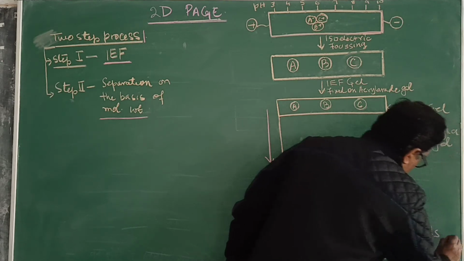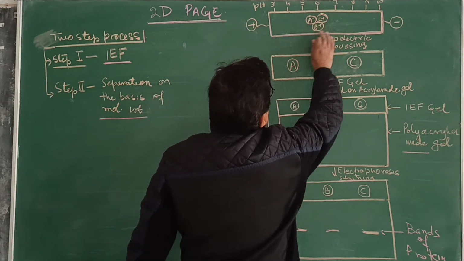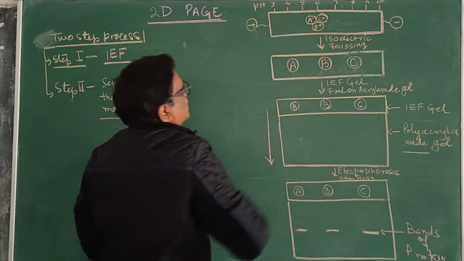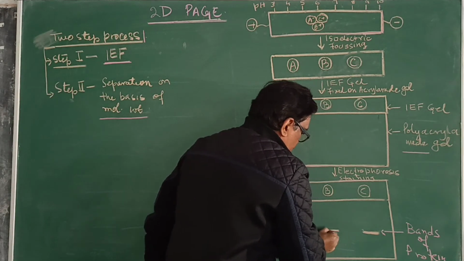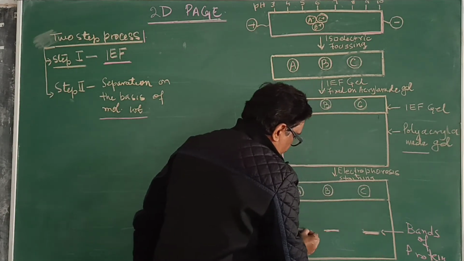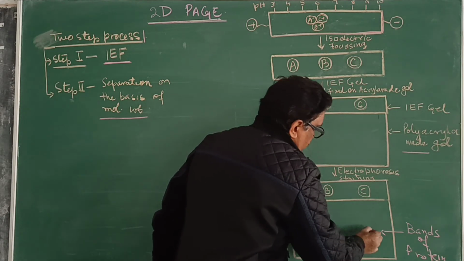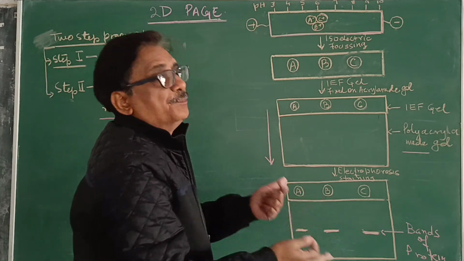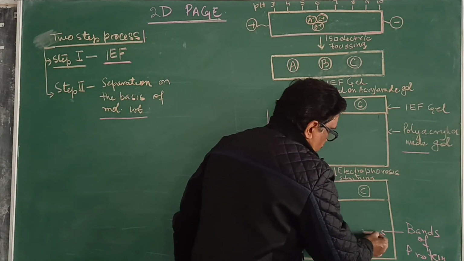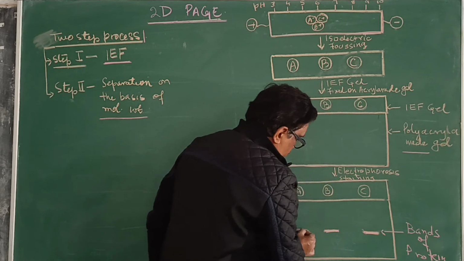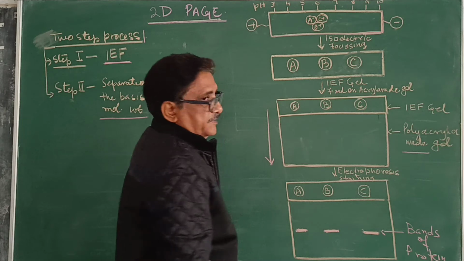These proteins, which have very similar molecular mass or weight, get separated, forming different bands after the PAGE. And by staining we can study the nature of these proteins.